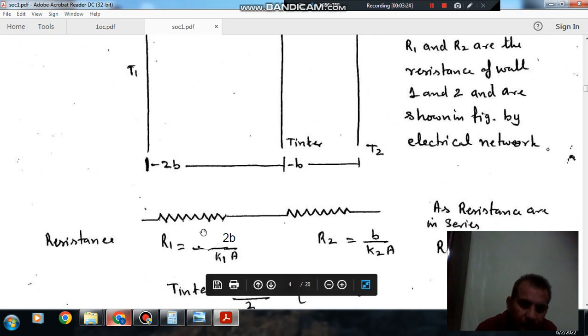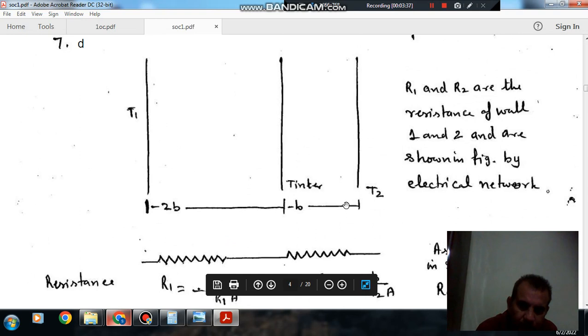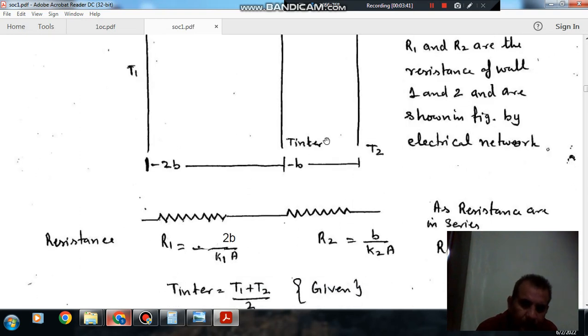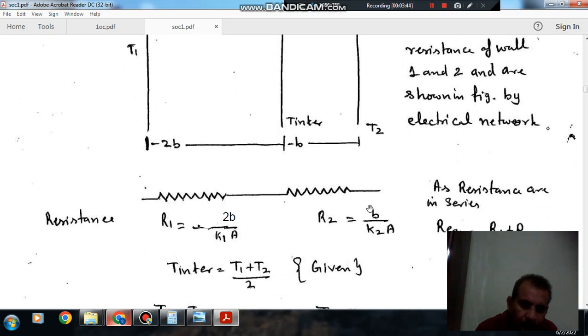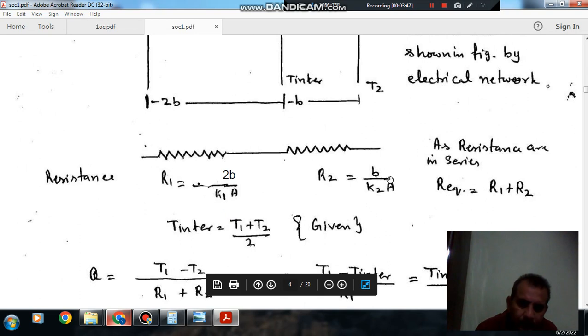So the resistance of this wall is 2B by K1A, and the resistance of this wall is B by K2A, where B is thickness and A is area, and K1 and K2 are the conductivities of the walls. T inter is T1 plus T2 by 2, that is given.